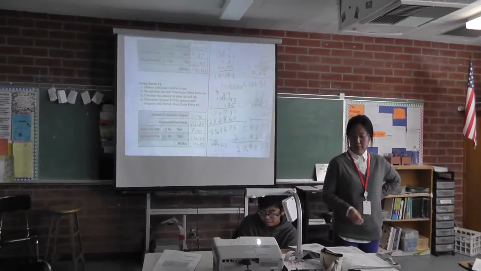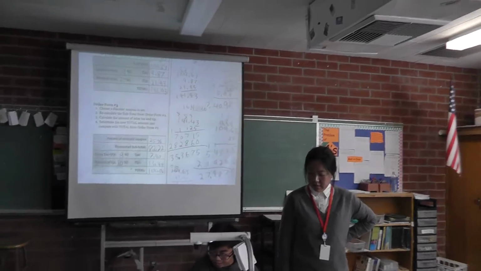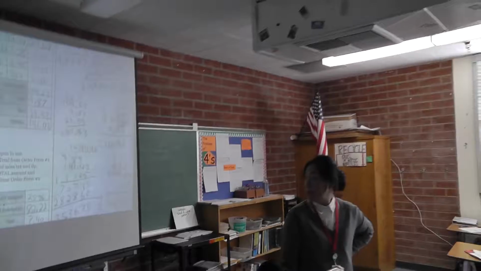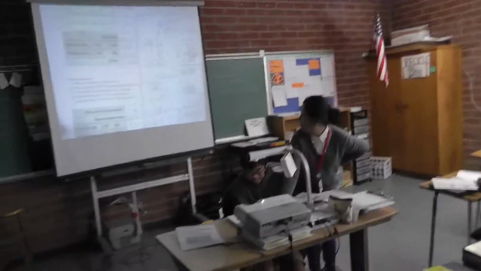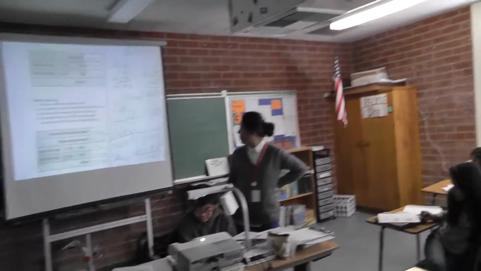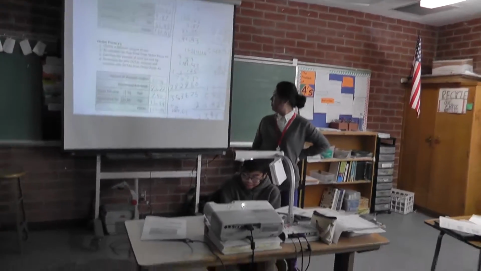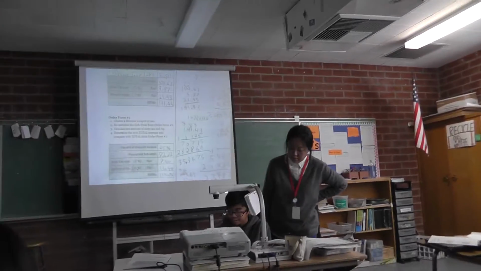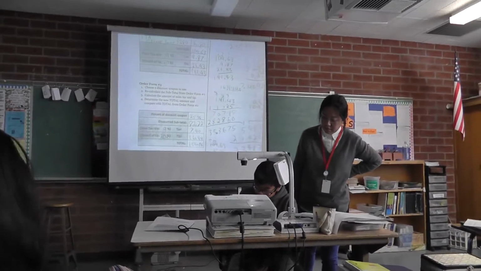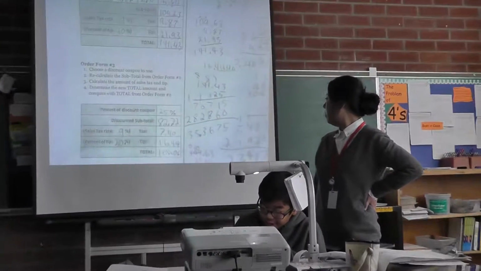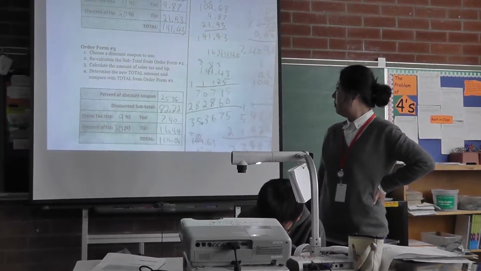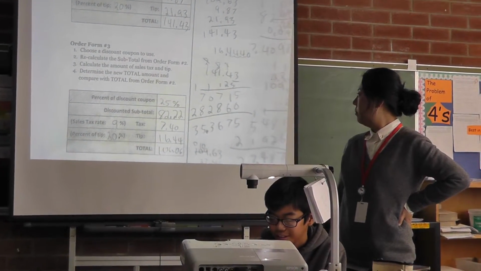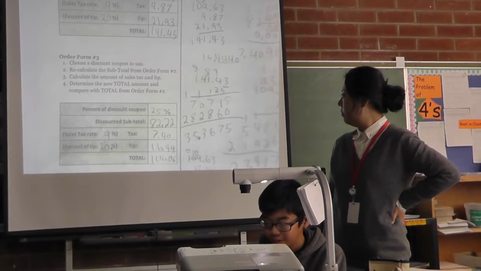Class, first I applied my coupon to the subtotal right here, and then I got $82.22. Then I multiplied 0.09 by 82.22, and I got 7.40. Then I multiplied 20% by 82.22, and I got 16.44.